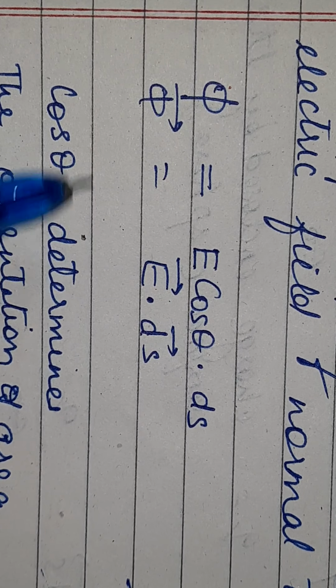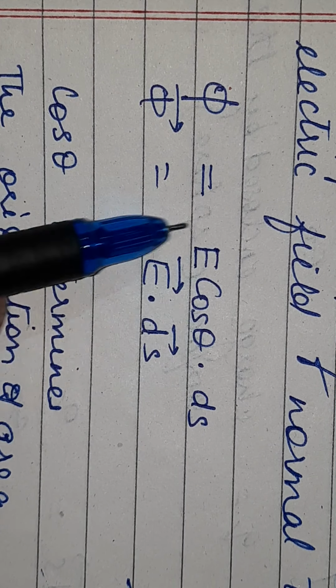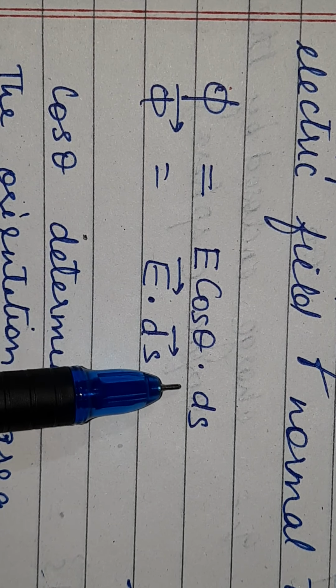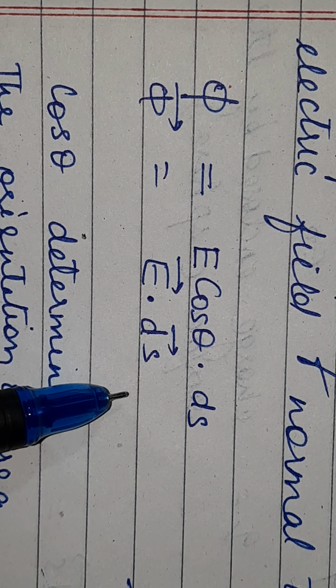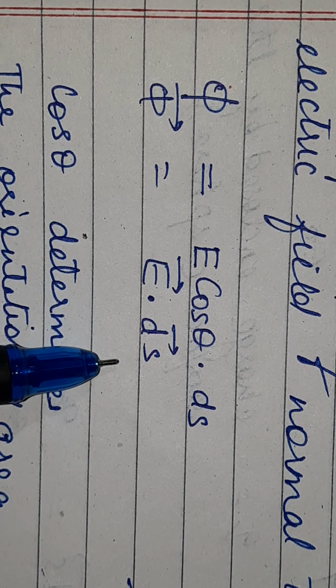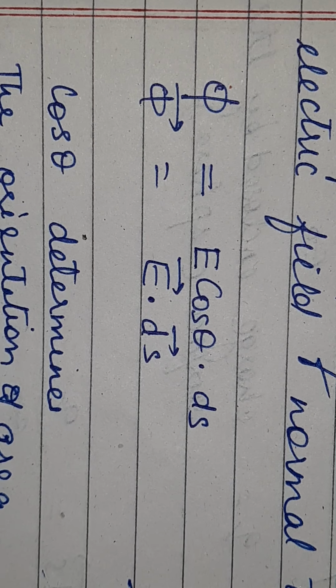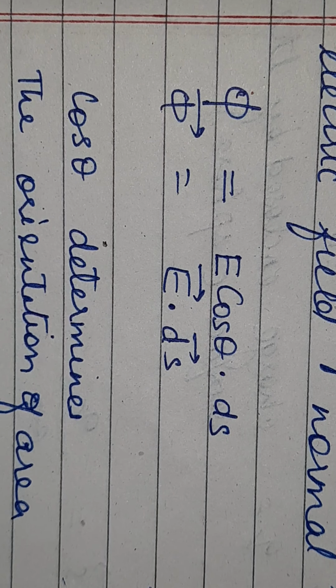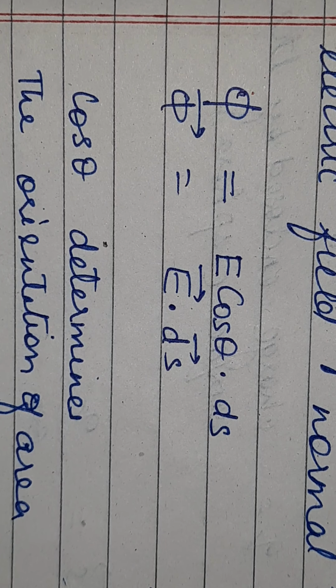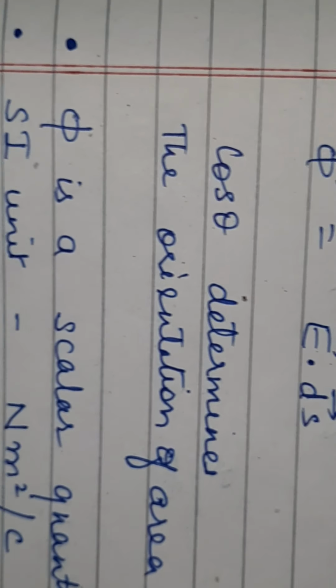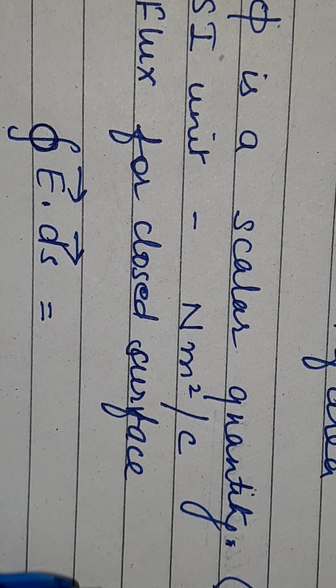Now how will we write it mathematically? Phi is equal to the component of electric field normal to the area times the area, so E cos theta ds, or we can write it in the form of a dot product also, phi is equal to E dot ds. Now cos theta determines the orientation of the area, meaning which area we are taking and in which direction. And this electric flux is a scalar quantity, as we are only finding out the number of lines. Its SI unit is Newton meter square per coulomb.